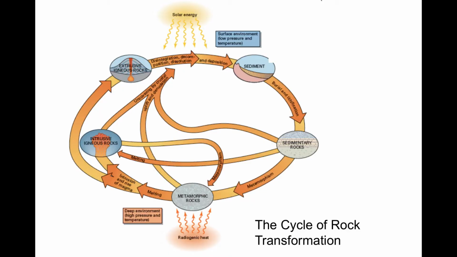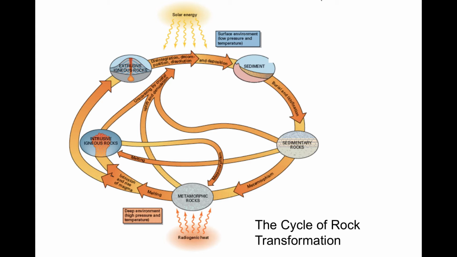Here is a depiction of that cycle of rock transformation with the two sources of energy, solar at the top, radiogenic at the bottom, and at the top, weathering and erosion and sedimentation cause these igneous rocks to become sedimentary. And then the sedimentary rocks along crustal plate margins can be subducted into the earth where they're subject to heat and pressure and they become metamorphic.